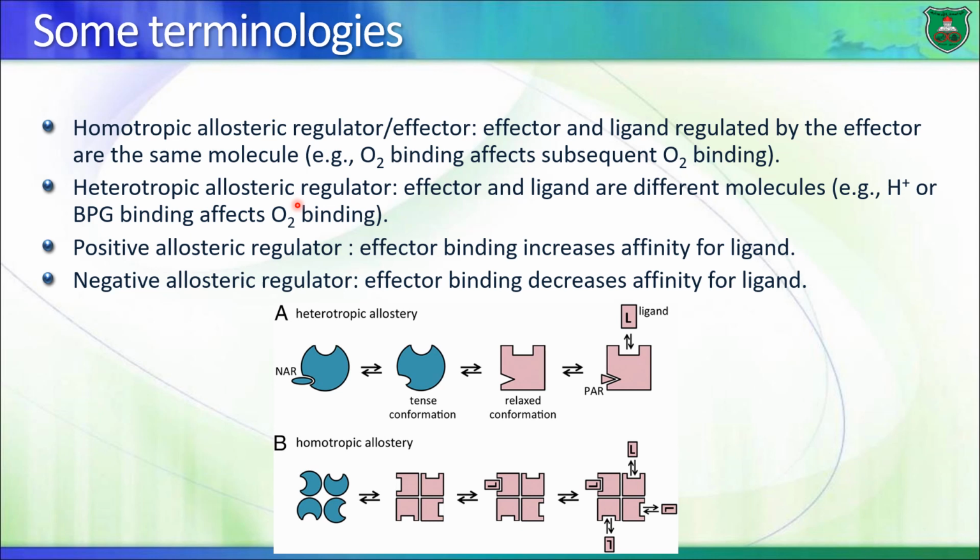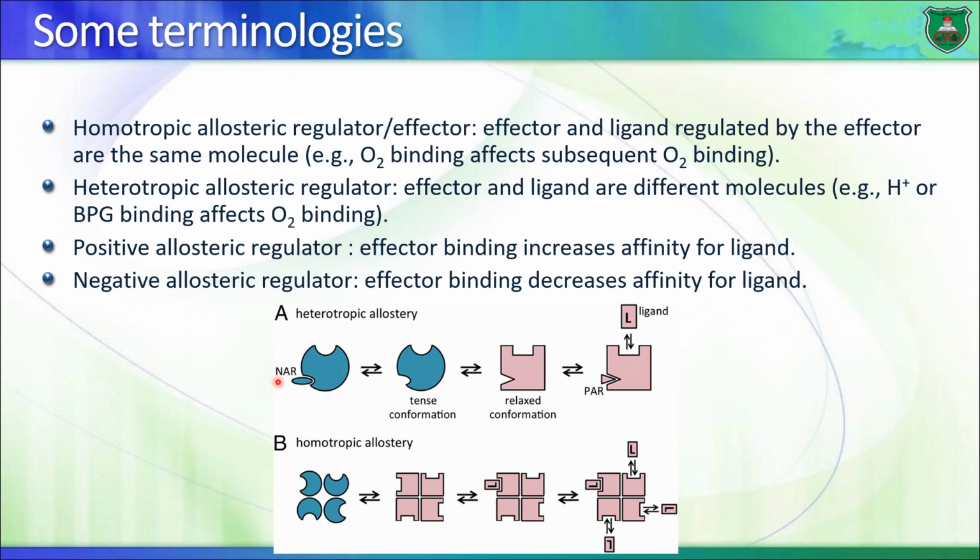That is, affinity means strength of binding or interaction. If it has the opposite effect, that is, if binding of an effector makes it harder for the ligand to bind to the protein, then we say that it is a negative allosteric effector or regulator. And you can see this in this image right here. So I have a protein.